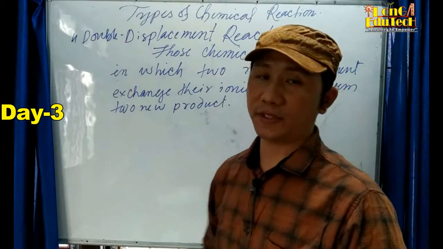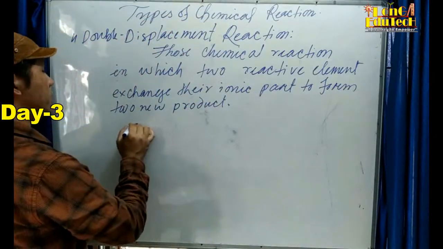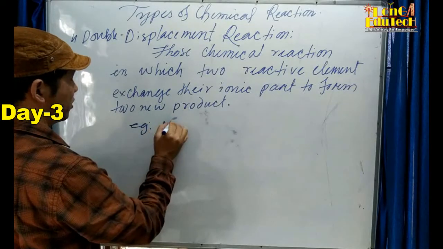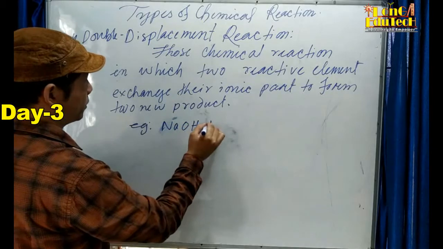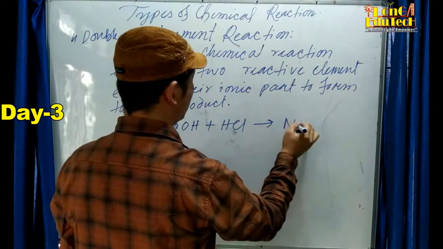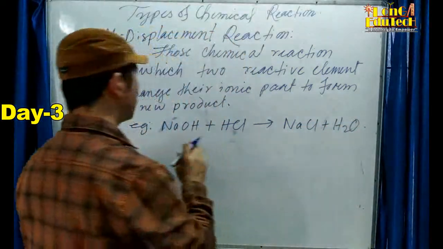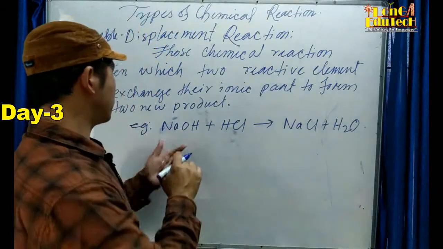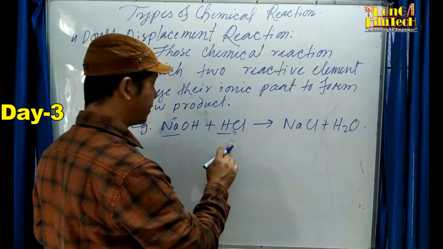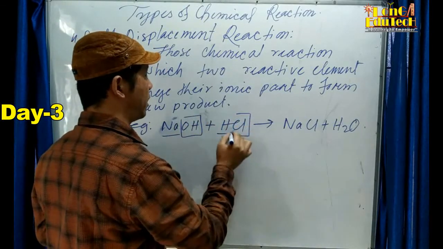We can give two definitions, but I'm writing only one here. For example, as we already discussed, sodium hydroxide plus HCl forms sodium chloride plus water, H2O. In any chemical compound, the first part is generally the metallic part and the second is the ionic part.